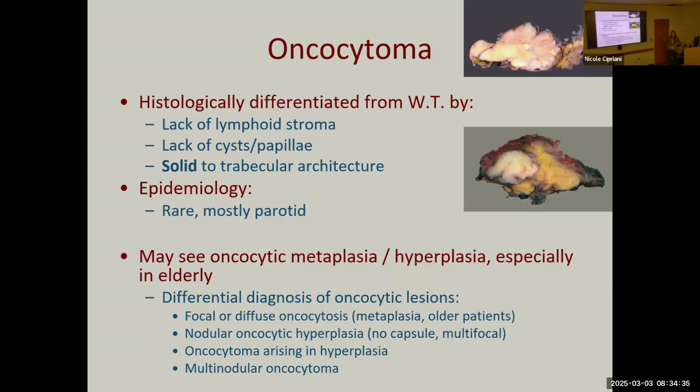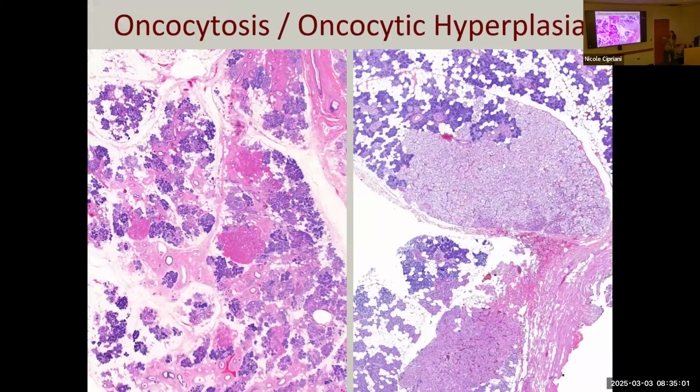Okay, there are pure oncocytomas that are not Warthin tumors that have zero lymphoid stroma. These are generally in older patients in the context of so-called nodular oncocytic hyperplasia or oncocytosis. Somehow in people's 70s, 80s, the salivary tissue starts to develop these little nodules of oncocytic metaplasia in the background, reactive change, whatever, toxins.